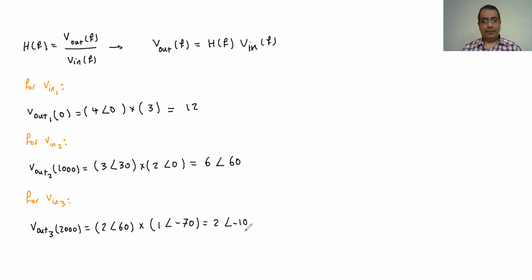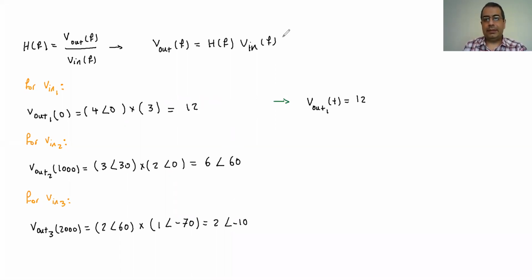So now we have this in the frequency domain. Now I have to go back and convert them to the time domain. The V out for 1 in the time domain is just going to stay the same, because the constant is not sinusoidal.